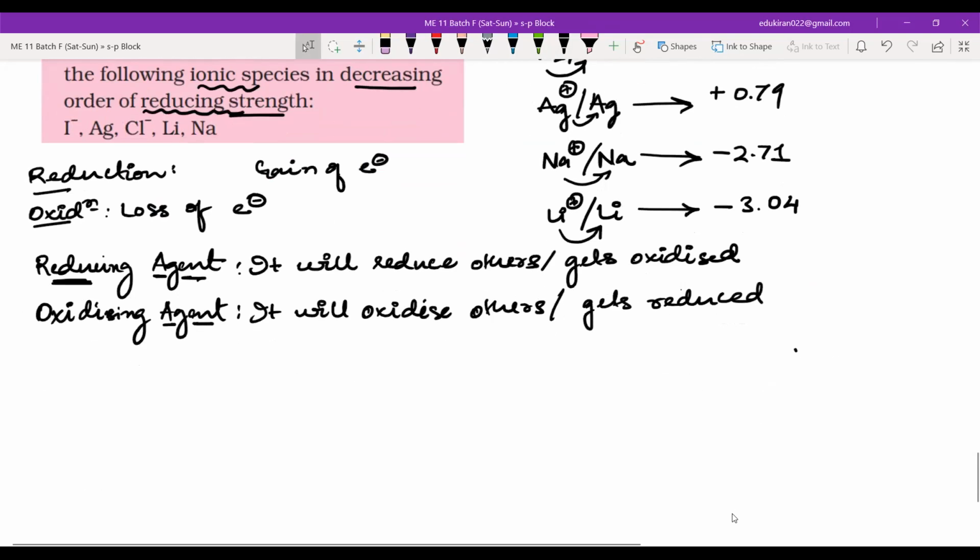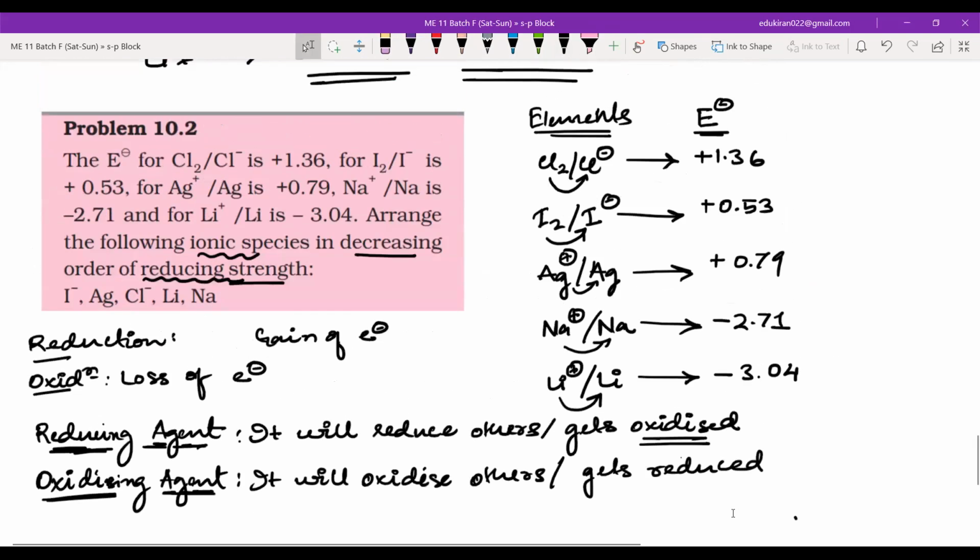Reducing strength. How to see whether a particular reducing agent is a good reducing agent or a bad reducing agent? If it is a good reducing agent, it will easily get oxidized. Yes or no? Yes, sir. All of you agree? If something is a good reducing agent and it can reduce others, that means it can get easily oxidized, right?